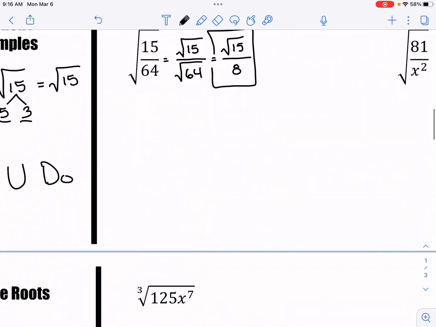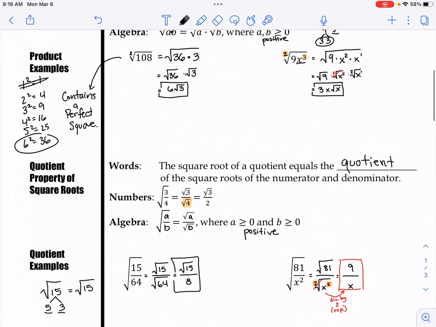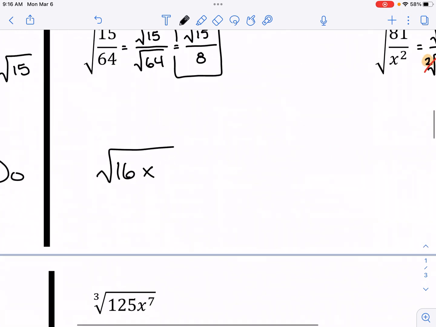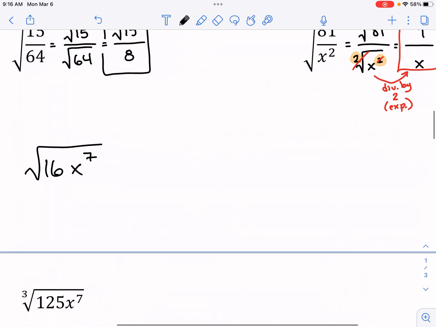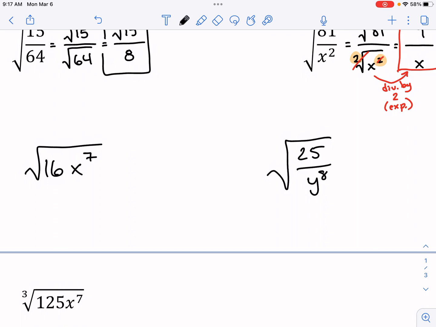So let's say the first you-do for a product is the square root of 16 x to the 7th power. And for the fraction, we're going to have the square root of 25 divided by y to the 8th power.